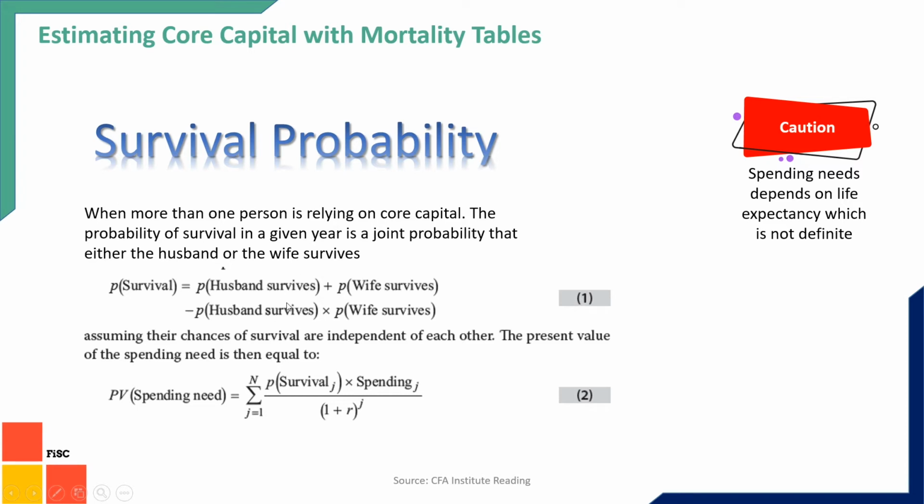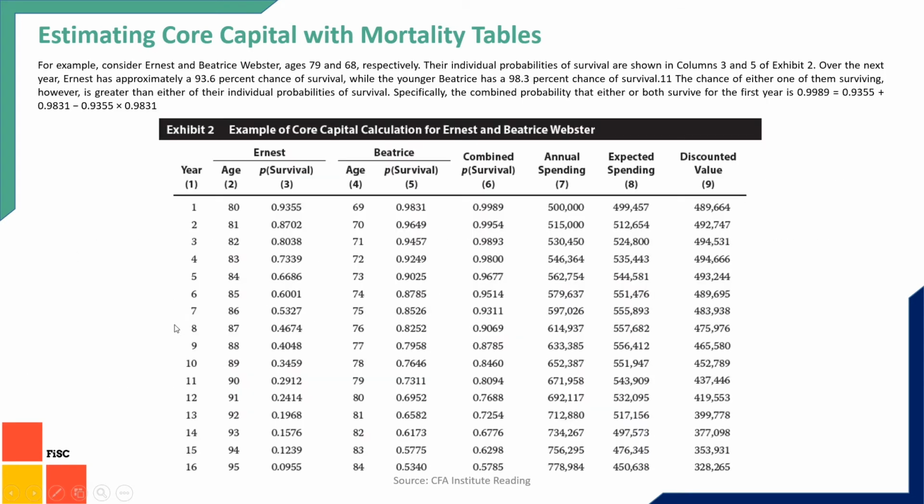And for joint probability, we will use the formula which I believe you have studied in your mathematics class, the A intersection B kind of formula, probability of A times probability of B, and you can see the formula here. Now, how do we calculate it based on a probability mortality table?